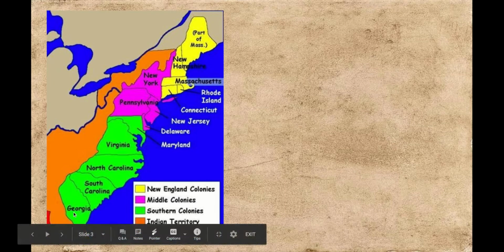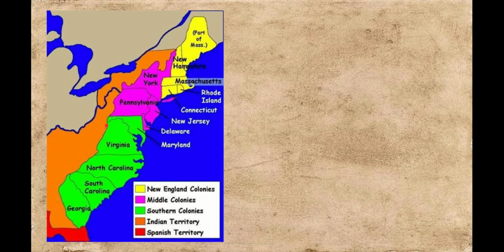A lot of that had to do with the fact that if we look along this line here, what essentially separated the 13 colonies from the rest of the continent were the Appalachian Mountains. England kept its colonies all the way to the east of those mountains at the time, in order to keep the peace with a lot of the Native Americans who already inhabited the lands before England arrived.